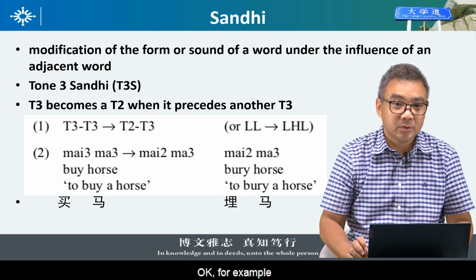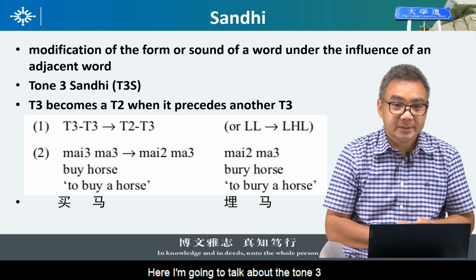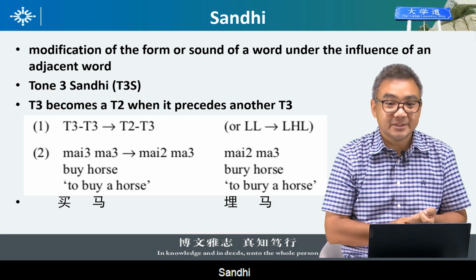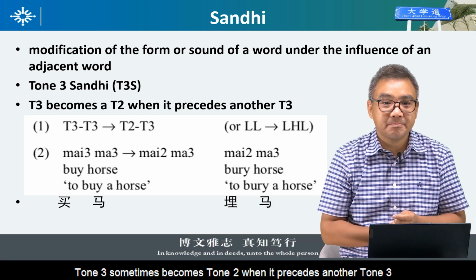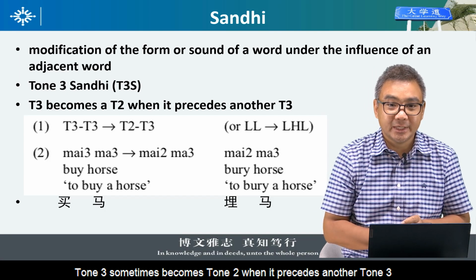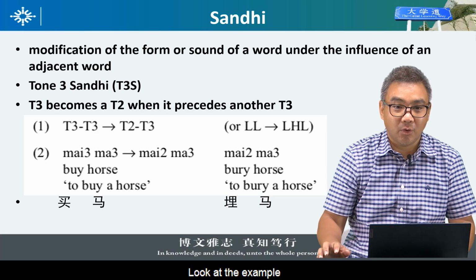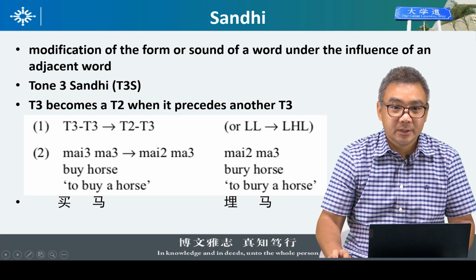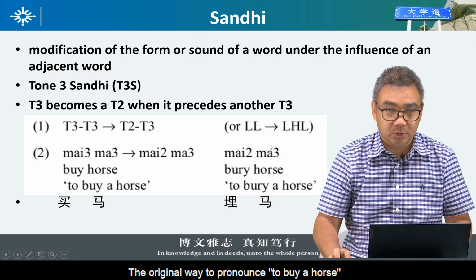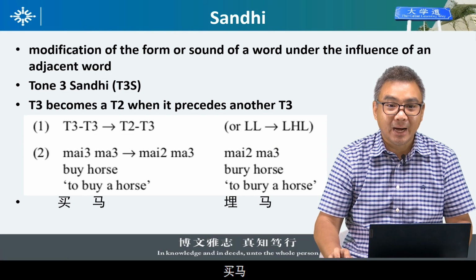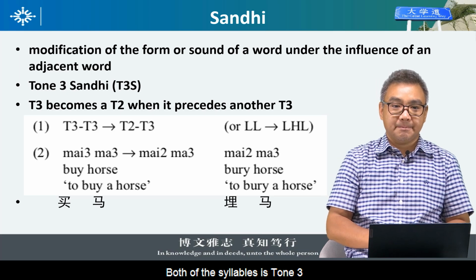Okay, for example, here I'm going to talk about the tone 3 sandhi. Tone 3 sometimes becomes tone 2 when it precedes another tone 3. Look at the example. The original way to say buy a horse, 买马, both of the syllables are tone 3.